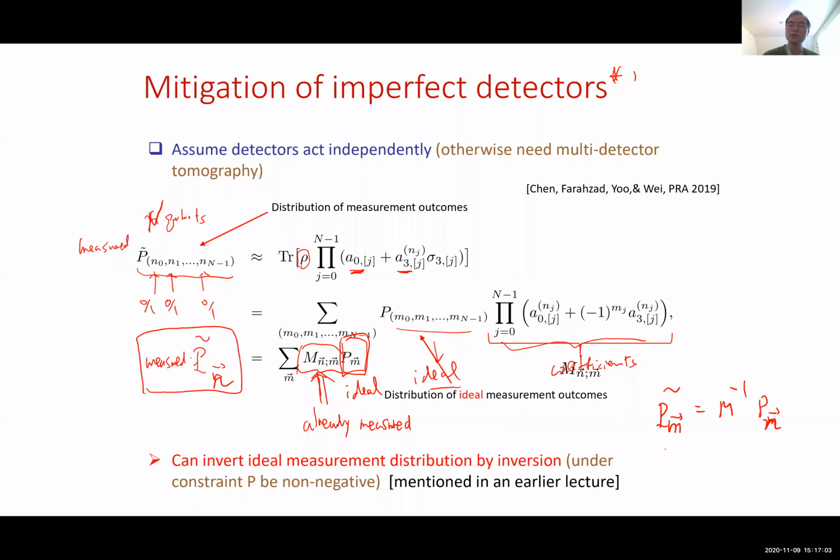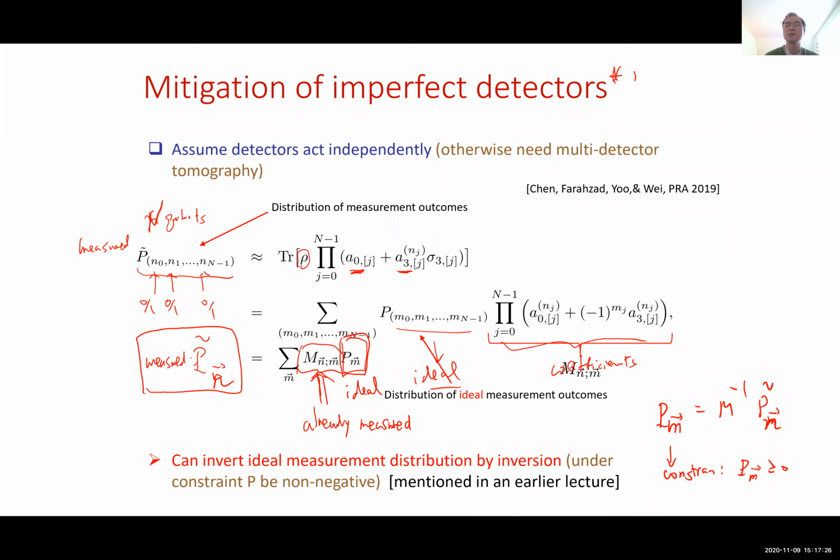Of course you need to constrain this, sorry, the other way around: the ideal P should not be negative.